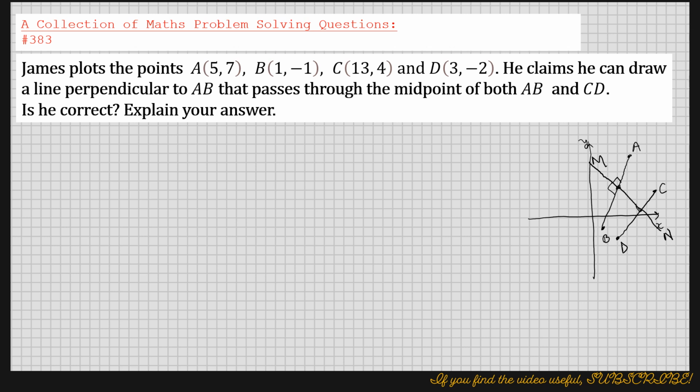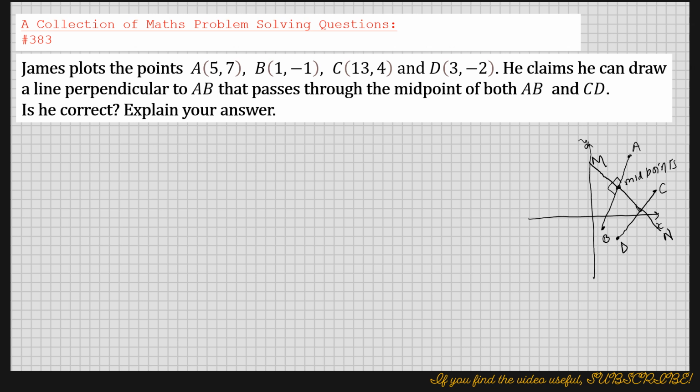So first of all, we have to find the midpoints of AB and CD. Then we have to find the equation of the line MN. And then we have to find the gradient of AB.